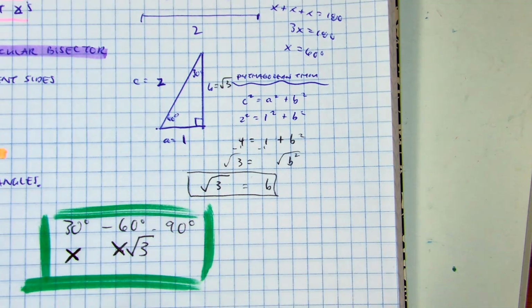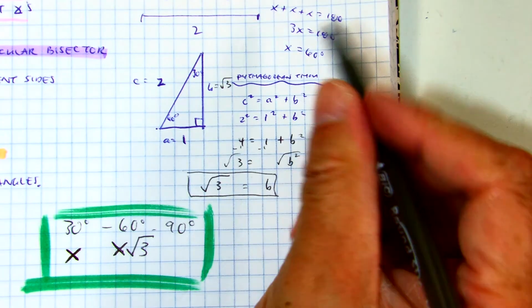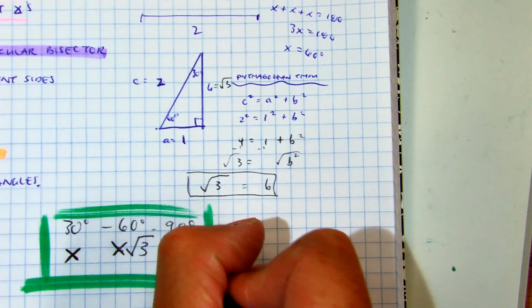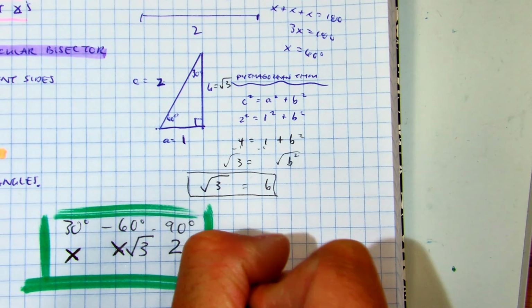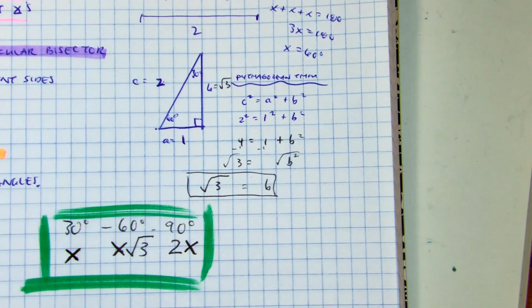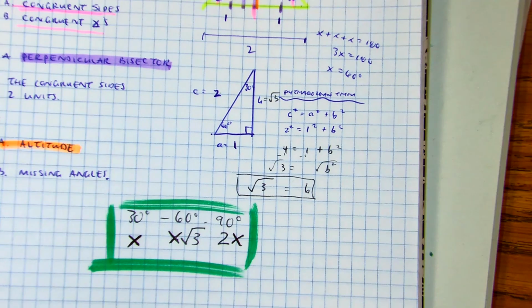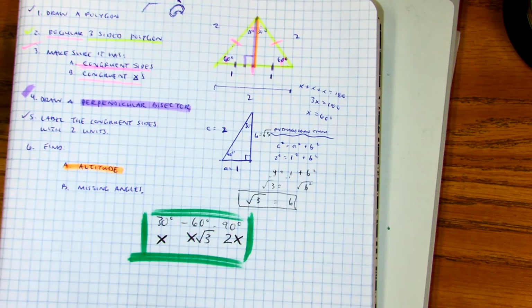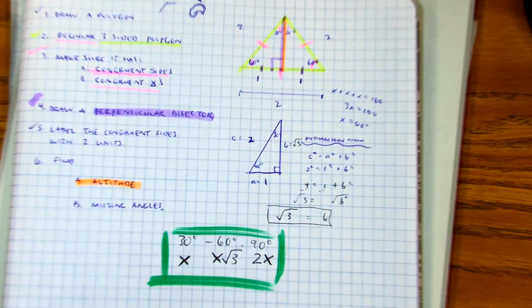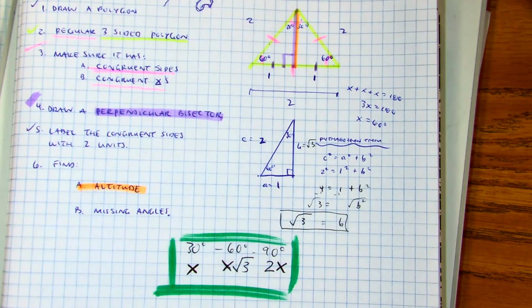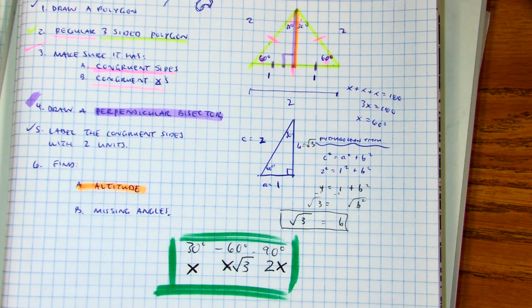And what's across the 90? 2. So that's going to be 2x. So there's my shortcut or formula that you can use. And I derived that drawing an equilateral triangle. That's where the 30, 60, 90 comes from. And we'll be spending all of the semester looking at these wonderfully special right triangles.